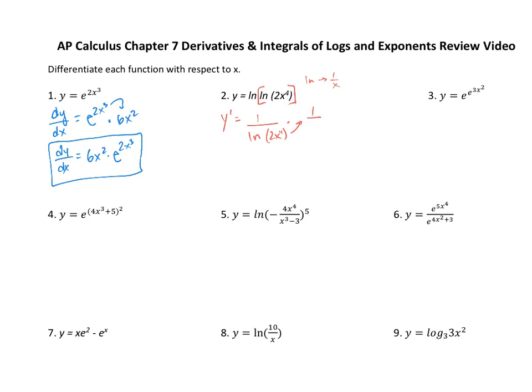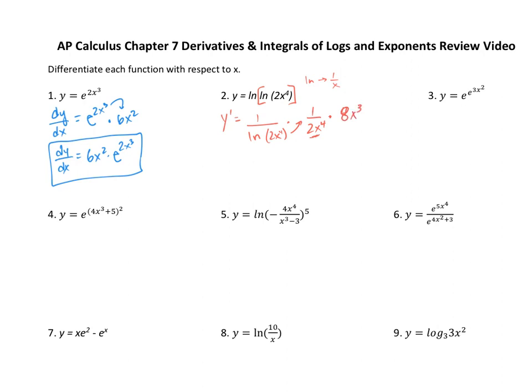So that'll be 1 over 2x to the 4th. So I'm taking the derivative of this ln right here. I'm taking the derivative of this ln 2x to the 4th, and that's what I get. And now I need to chain rule it one more time. So this will be times the derivative of this part right here, which will be 8x cubed.